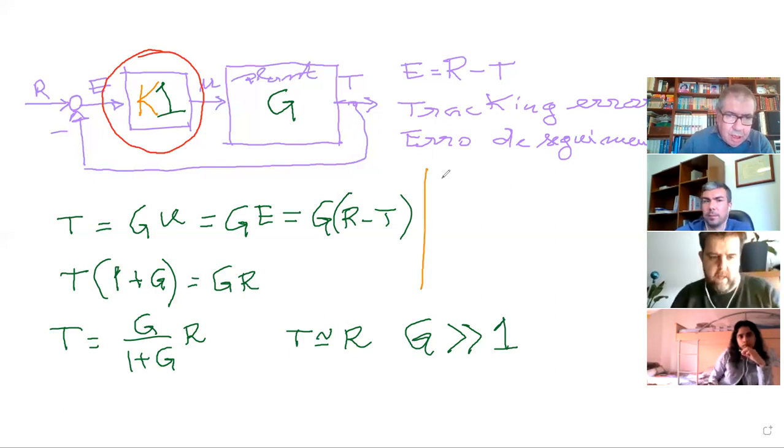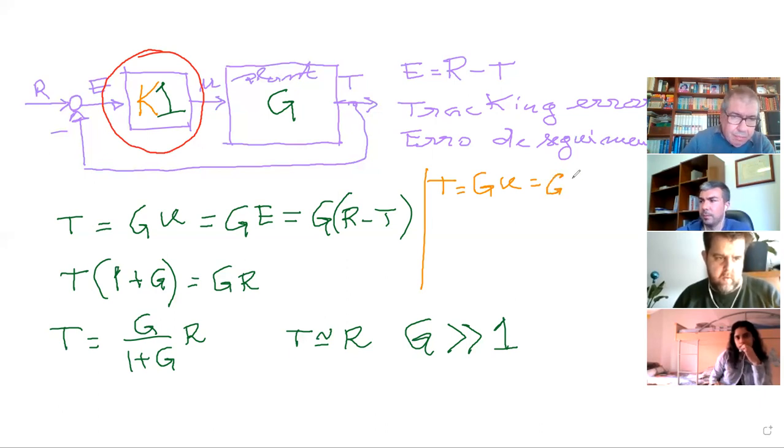We have T is equal to GU, that's right. But then, what is the relation between T and E? Now it's G times K times E, okay? And this is what?